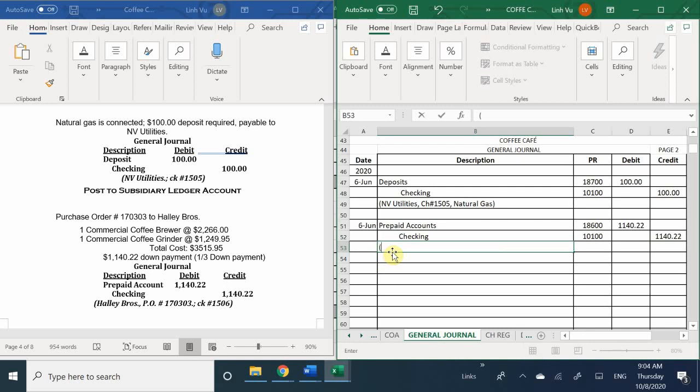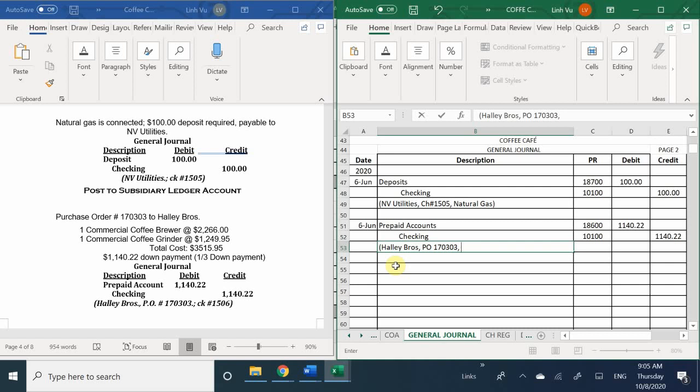My description could be pretty much anything I want to place in here. I'm going to write who my vendor was, which is Haley Bros. And I actually have a purchase order number, 170303. Comma.